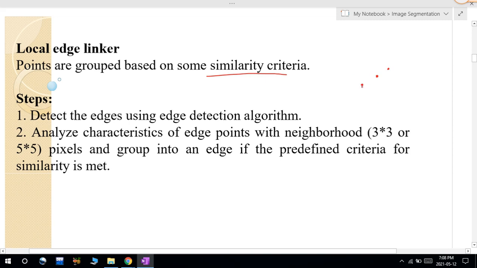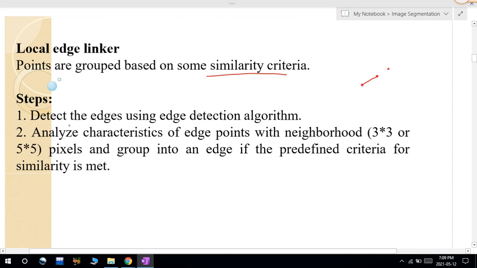After getting these edge points, if I want to link a particular edge point with another edge point, I have to follow some predefined criteria. Based on that predefined criteria only, I can group that particular edge. That is called local edge linking.